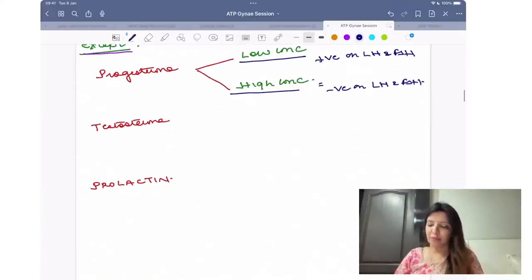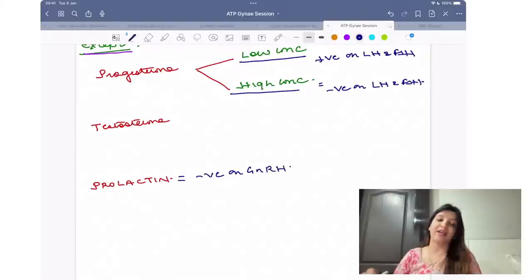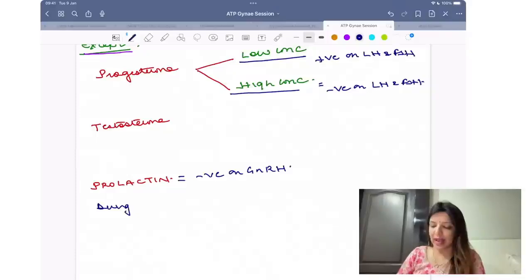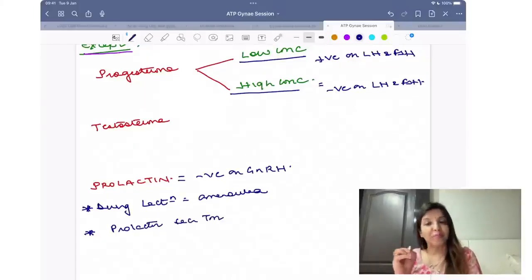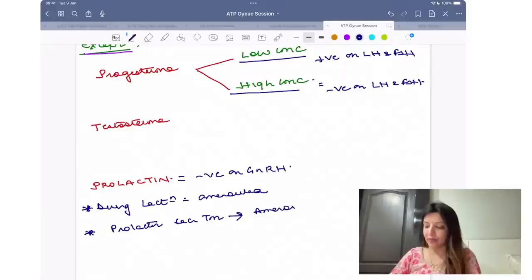Coming to prolactin, please remember, ये बहुत important है. Prolactin has a negative feedback on GnRH. This is the reason why during lactation there is amenorrhea. This is the reason why if there is a prolactin secreting tumor, it is going to cause amenorrhea.